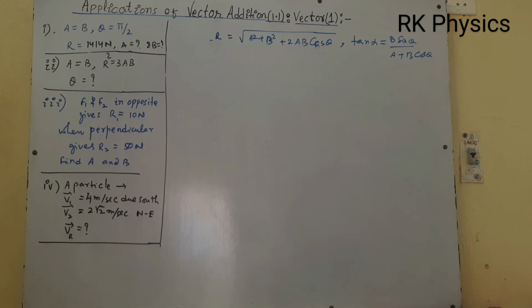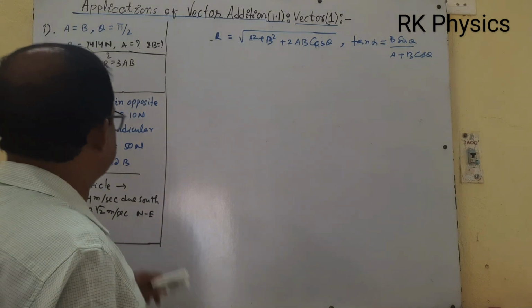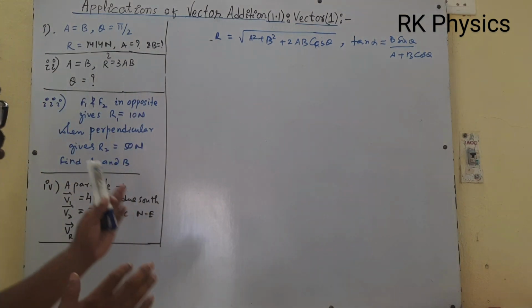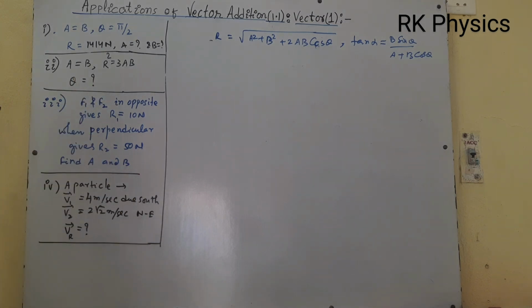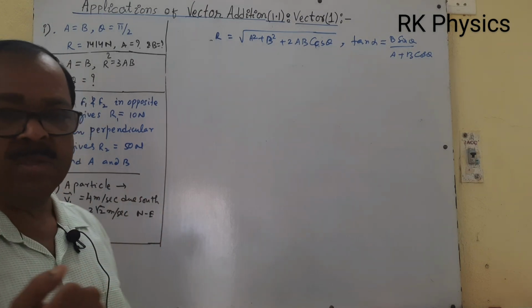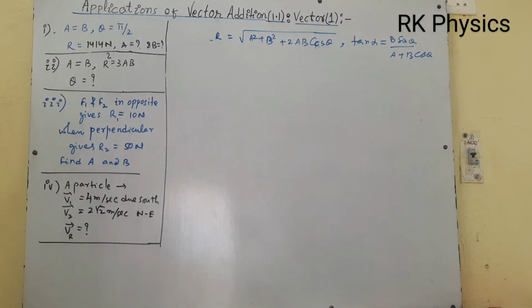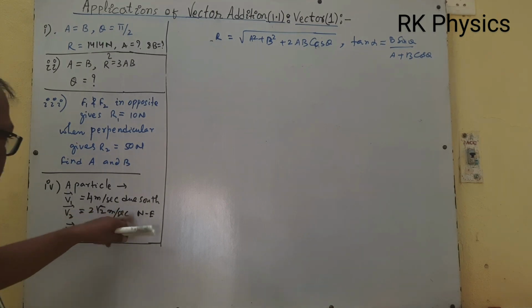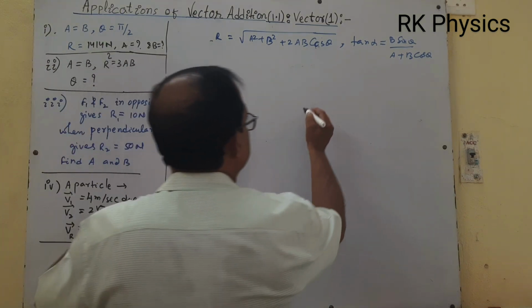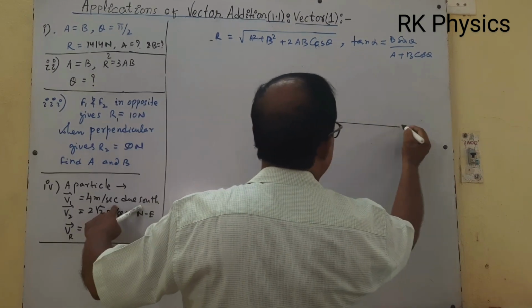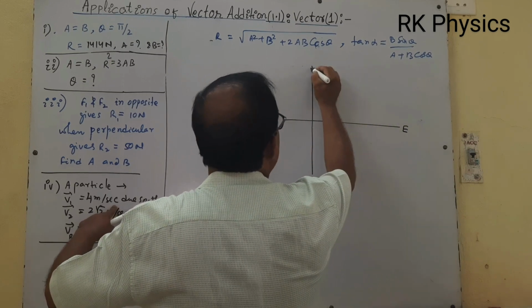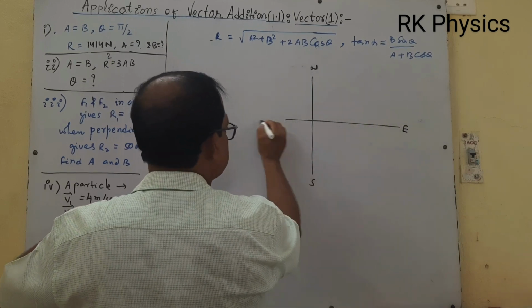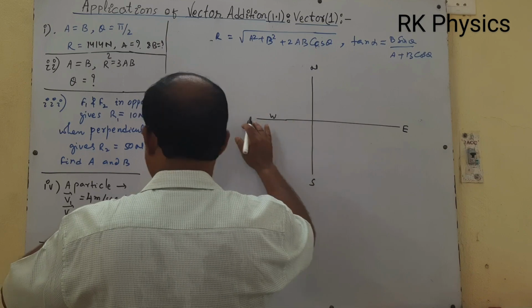Now lastly come to the application for different directions. We are taking 4 applications. A particle simultaneously experiences 2 velocities. One is 4 meter per second due south. This is your east, this is your north, this is south, this is west.